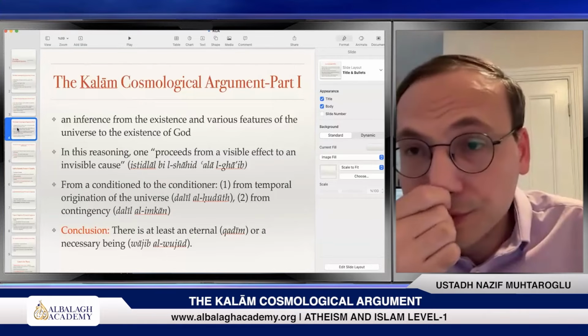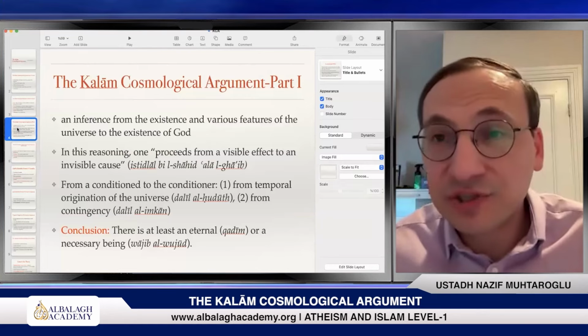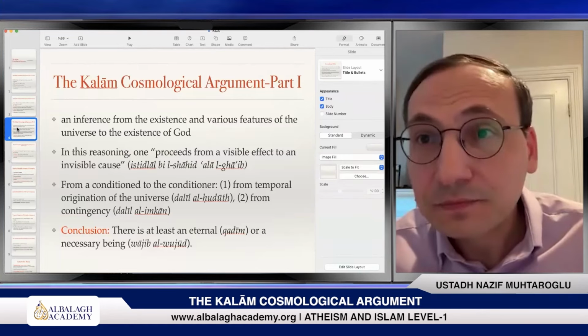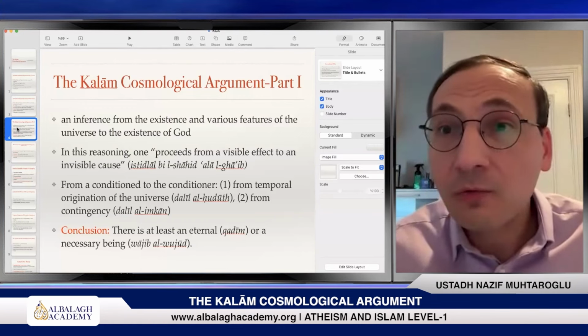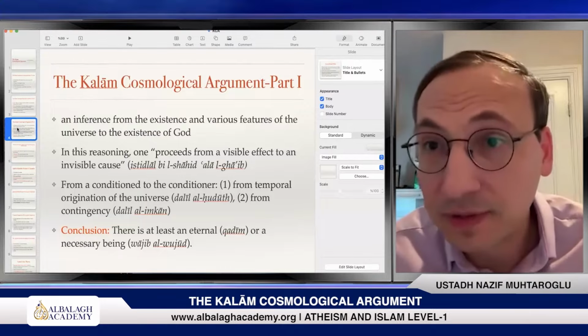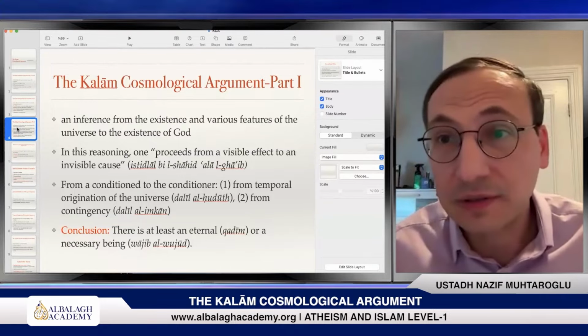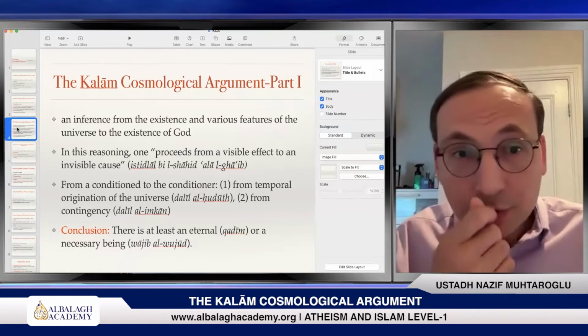Then you get the conclusion. So in that sense, they try to establish the existence of God not with some kind of probability, but with some kind of certainty, which is a metaphysical certainty, not scientific certainty. Okay?